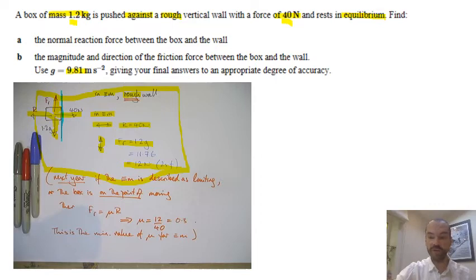However, if you want a glimpse into the future, time travel, next year, if they talk about limiting equilibrium, if we're told the box is on the point of sliding, if we're asked for a minimum value of the roughness, we're going to talk about a measure called mu. It's a Greek symbol called mu, and mu will be the relationship between reaction and friction.